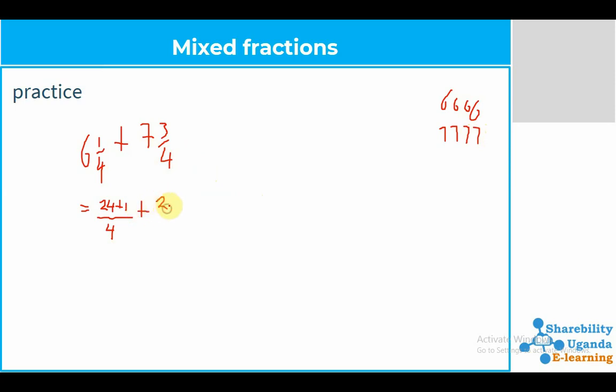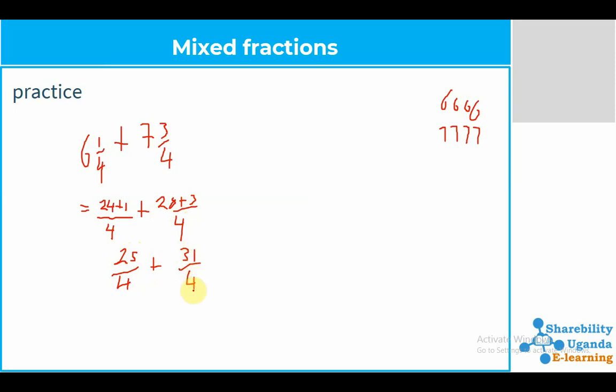So 28 plus 3 out of 4. So when you add here, we shall be able to get 25 out of 4, then plus 28 plus 3, we shall be able to get 31 out of 4.